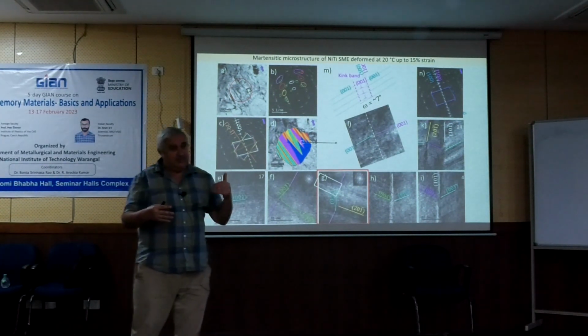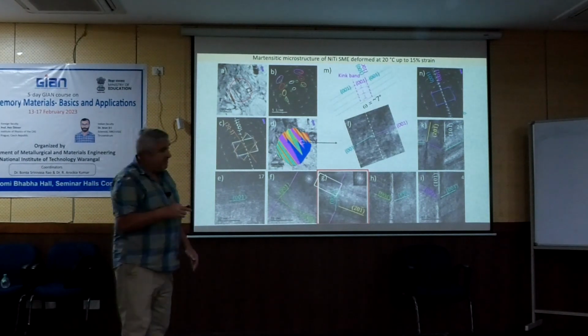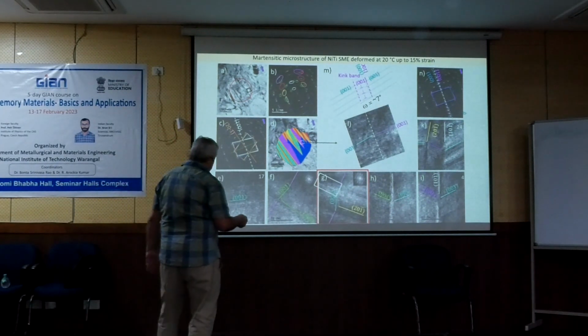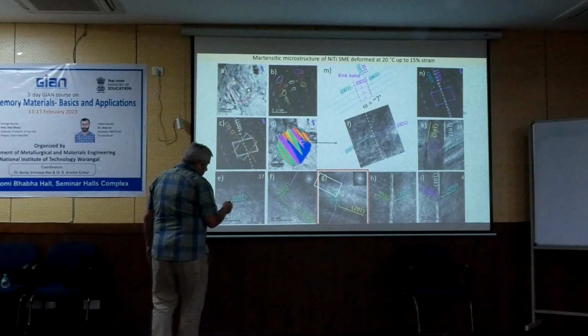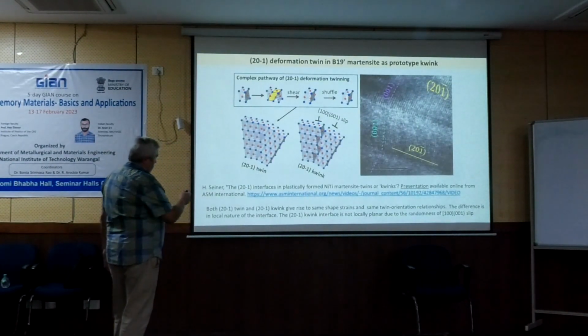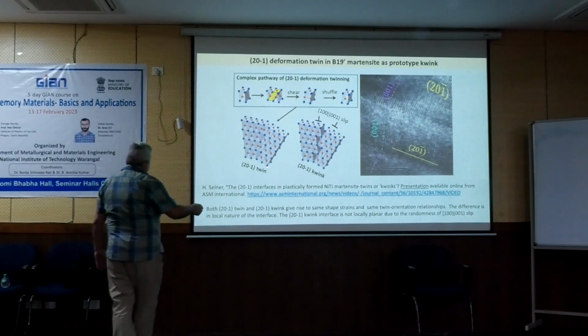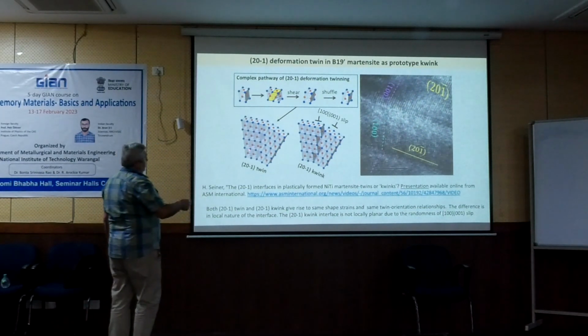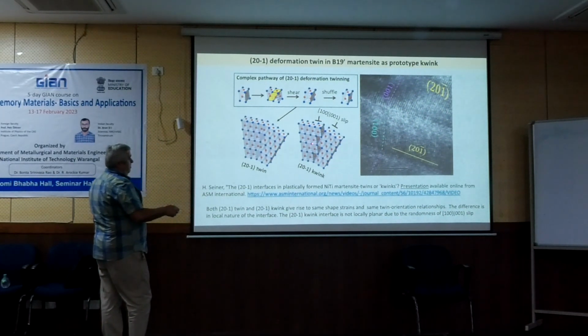So taking the lesson from those geological materials, we suspected that it is possible that this (20-1) twin can actually form by a combination of twinning and slip.